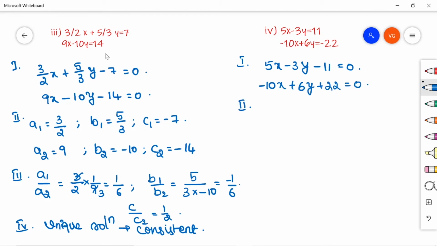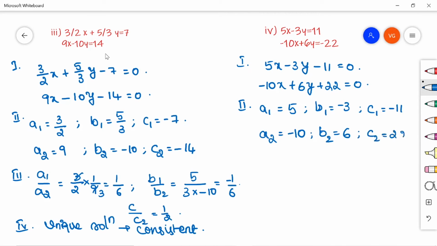As step 2, write down the values. a1 is equal to 5, b1 is equal to minus 3, and c1 is equal to minus 11. a2 is equal to minus 10, b2 is equal to 6 and c2 is equal to 22.